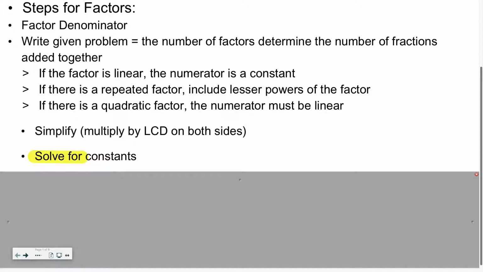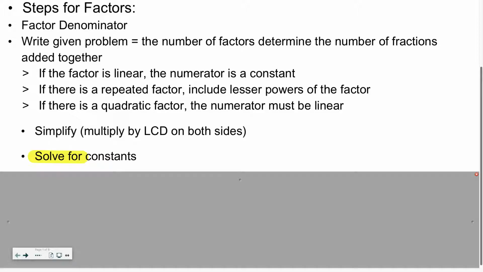Then we're going to actually have to solve for A and B, potentially C, potentially D. I don't know, maybe it's going to be crazy. You have an E there also. But we're going to have to solve for all of those values.